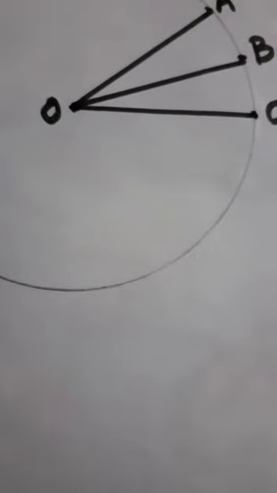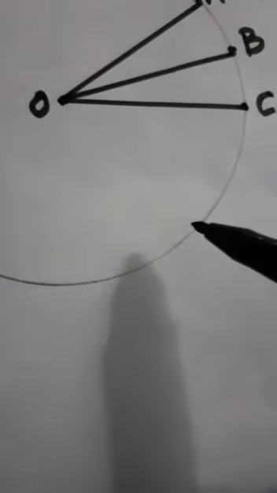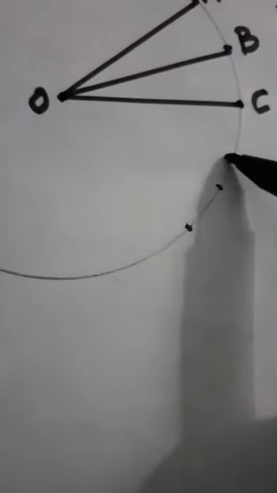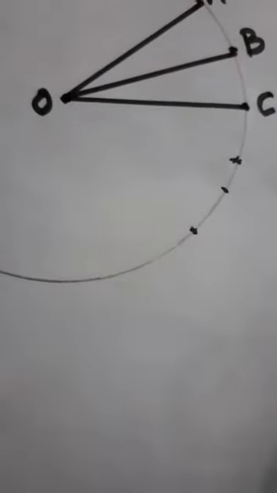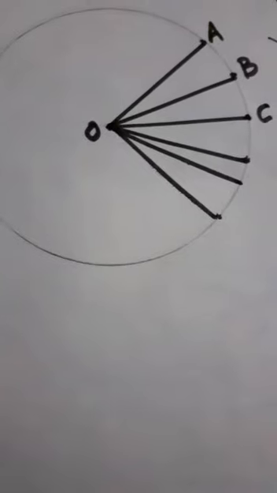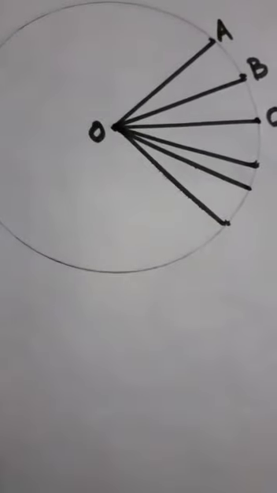In the same way, on the circle you have so many points. I am taking one more point. Here OA is also a radius and OB is also a radius. Now I took point C. If I join O and C, is it a radius or not? Yes, OC is also a radius. If you take a point here, here, here, and join all of these to O, you have drawn so many radii.